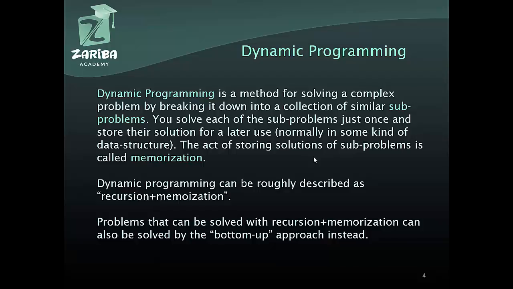In this case, it was really easy, but it may not be. Then you can convert it into a dynamic programming solution, which is a bit different. Okay, so you solve each of the sub-problems just once and then store their solutions for later use. The act of storing is called, as we said, memoization.